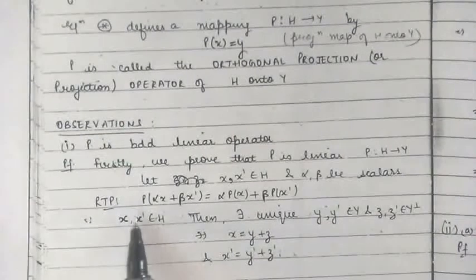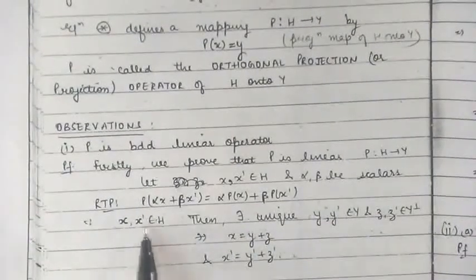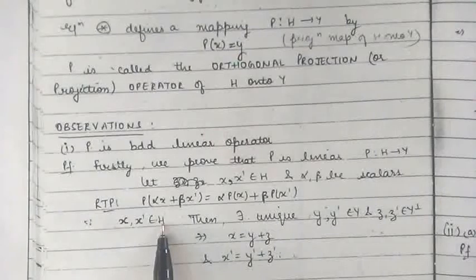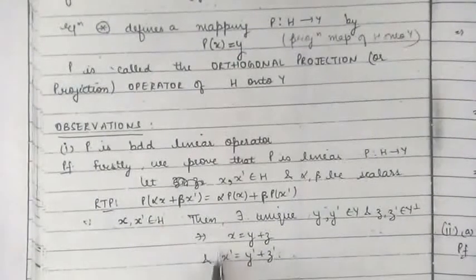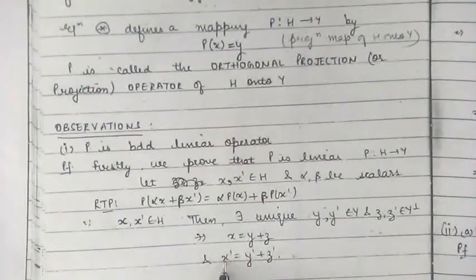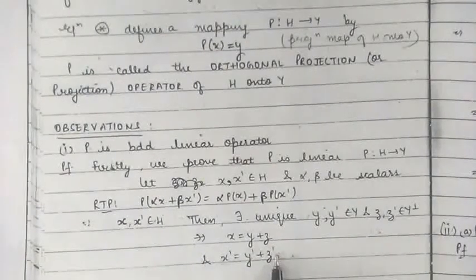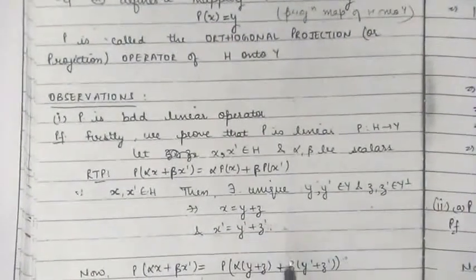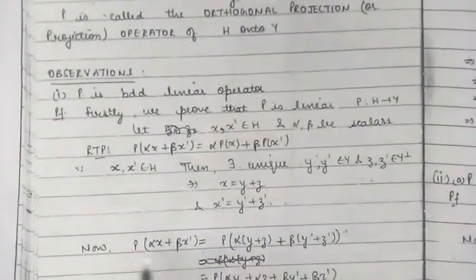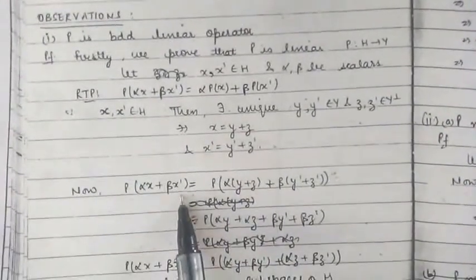In the same way, this element x dash also belongs to H, so again by the projection theorem, x dash has a unique representation as the sum of elements, one taken from Y and another taken from Y complement. So we have taken these elements. Now let us find the image of alpha x plus beta x dash.